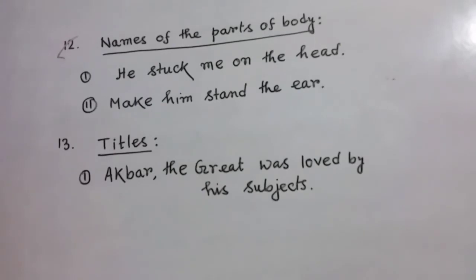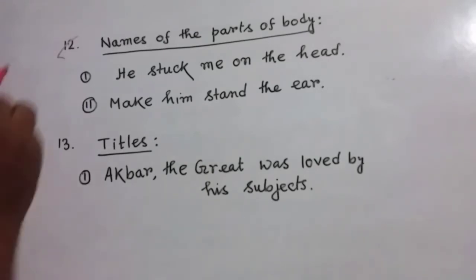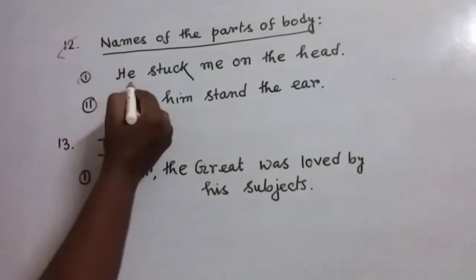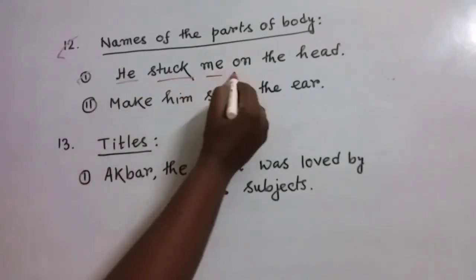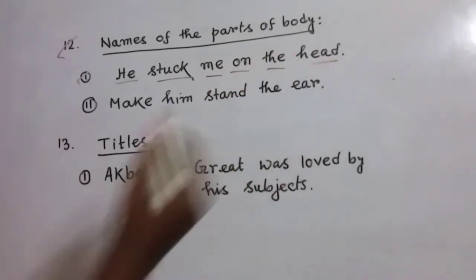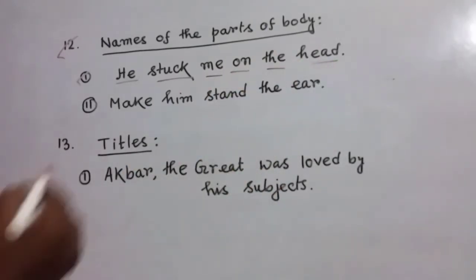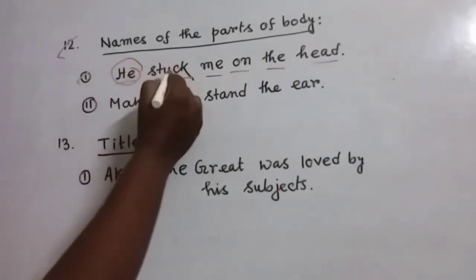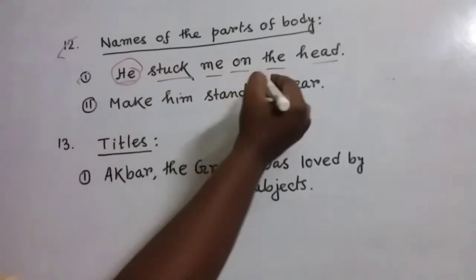We can use the term the before the names of body parts in such a place where we can use the possessive adjective. I am just going to clear you. Look at the example. He struck me on the head. So my dear friends, this person struck me on, actually, my head.